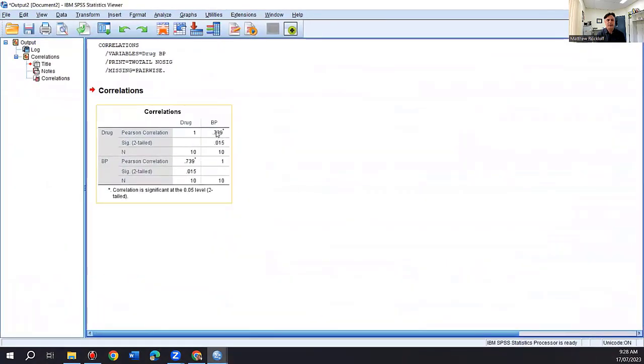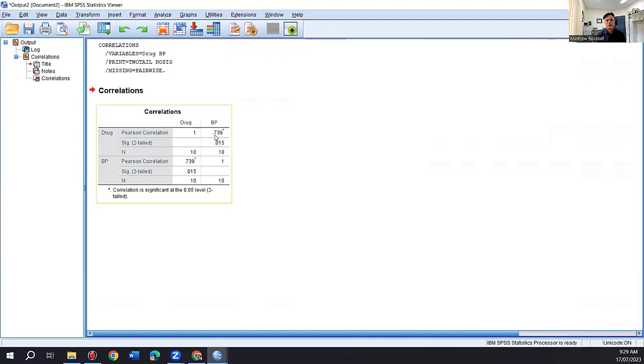And here, in fact, there is a positive correlation between the drug and blood pressure. That's 0.3739. The little star shows that it's significant, but you'll notice it also gives the probability value. And look, this is the exact same probability that there was before, 0.015.